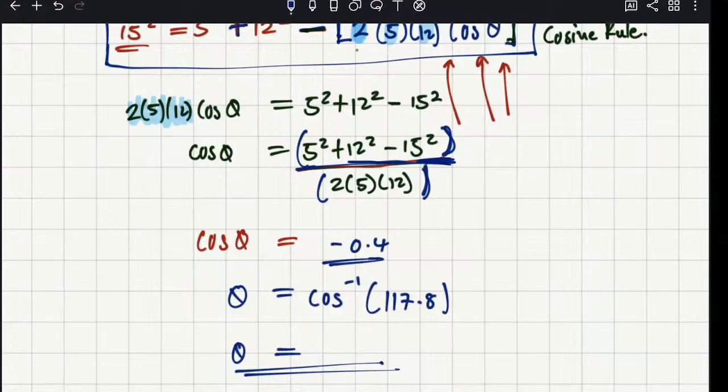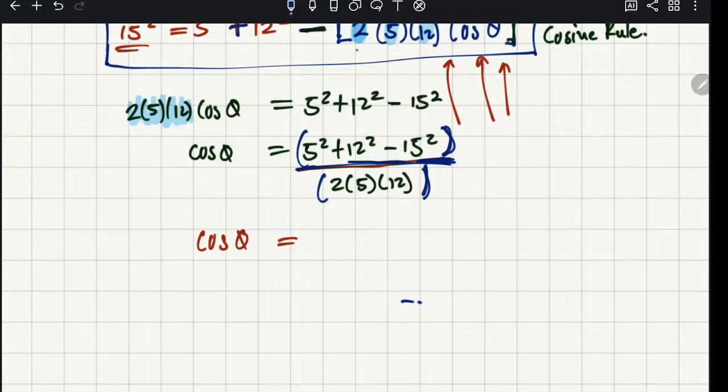Yes, Hope, what answer did you get? Oh, okay. Now it's beginning to make sense. So when you got all the answers, that's the final solution. You had done everything in one go. So let me do the fraction. Let's see, everybody. 5 squared plus 12 squared minus 15 squared over 2 times 5 times 12 is negative 0.4667.